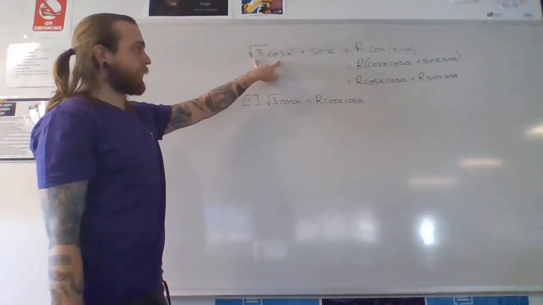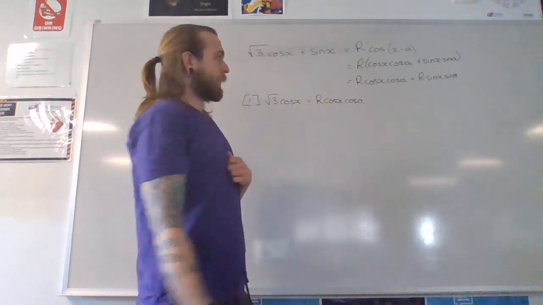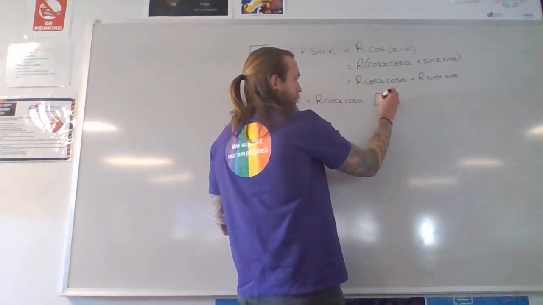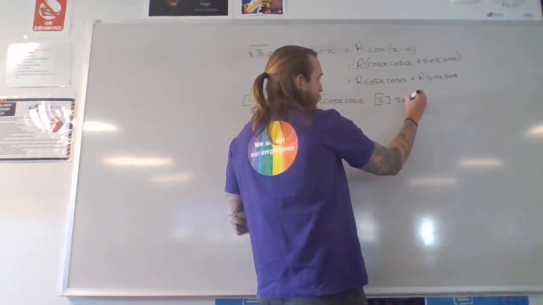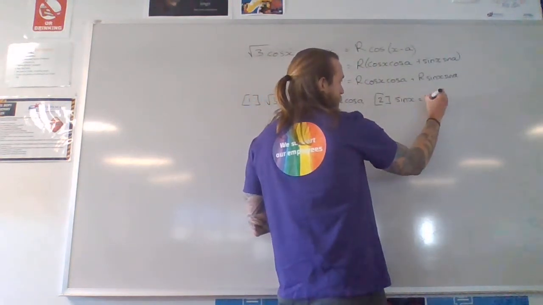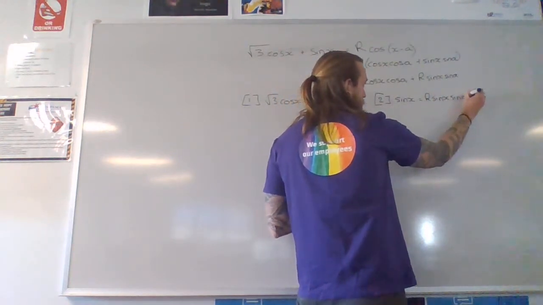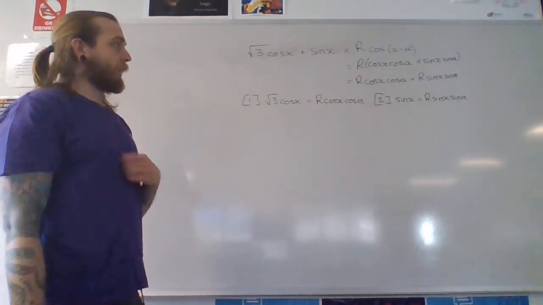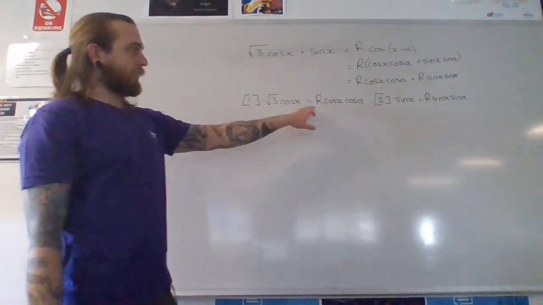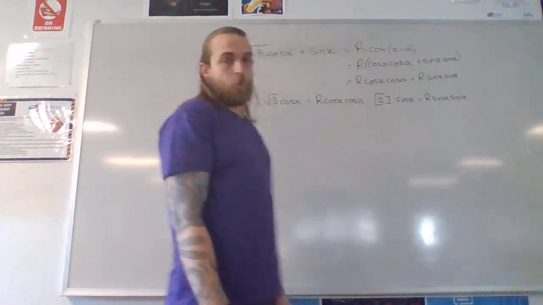So we had root 3 cos x here, and we're saying that's the same as R cos x cos alpha. And then I'll just set up equation 2 while I'm at it. And that is saying that the sine component, which is sine x, equals R sine x sine alpha. What you then want to realize is that you have cos x on both sides, and you have sine x on both sides.